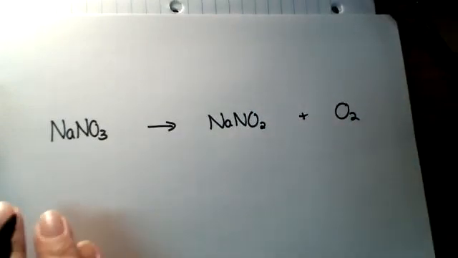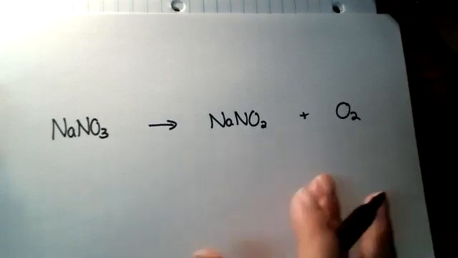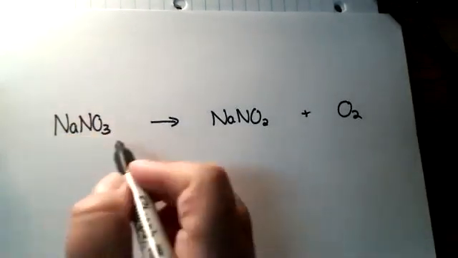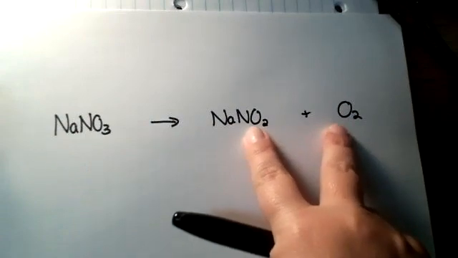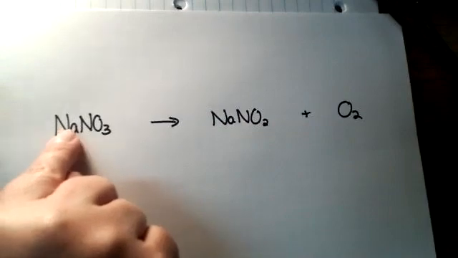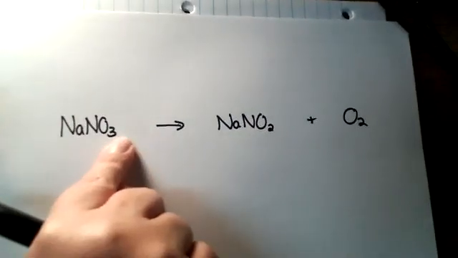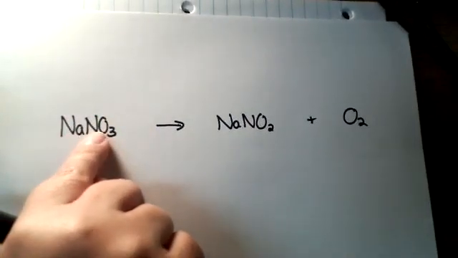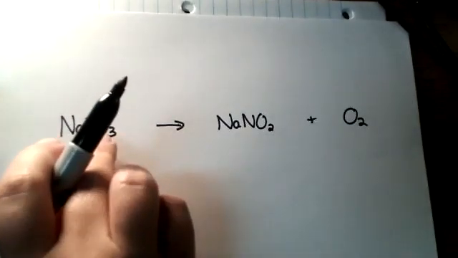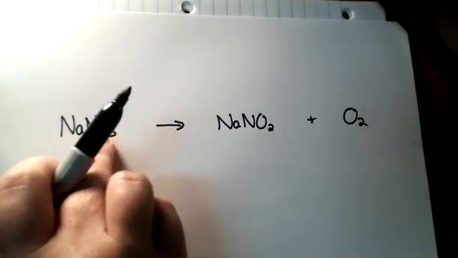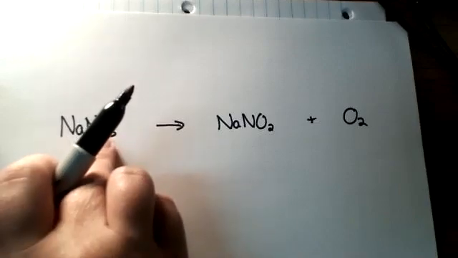Okay, so classifying this one, we're starting with one compound and we're getting 2. So if we have 1 on the reactant side, what does this have to be? Decomposition. Yes, if you start with 1 on the reactant side, it's decomp.